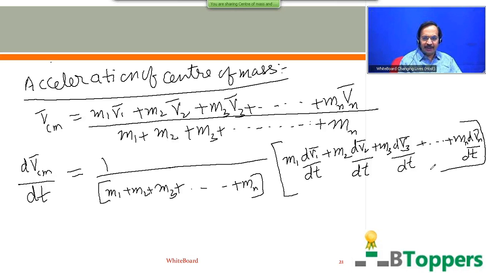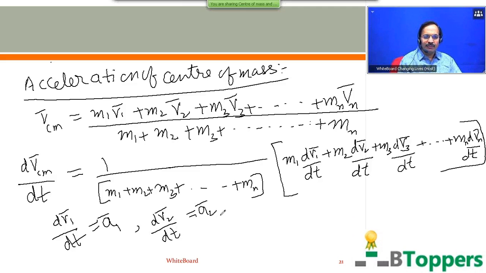Now the rate of change of the velocity vector of a particle with respect to origin O gives you the acceleration vector of the particle. So dv1 bar by dt gives you the linear rate of change of velocity of the first particle of mass m1. That will be equal to the linear acceleration vector of m1, denoted by a1 bar. In the same way, dv2 bar by dt can be written as a2 bar, which represents the linear acceleration vector of the second particle of mass m2.